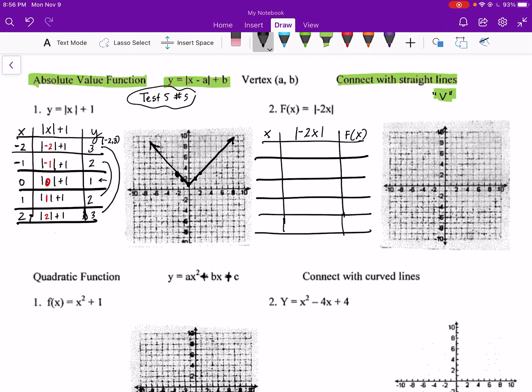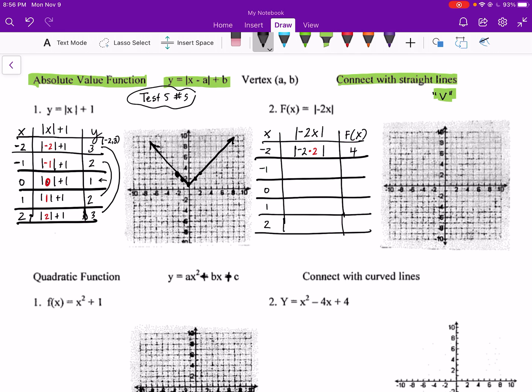Okay, so my go-tos again are -2, -1, 0, 1, and 2, trying to keep it simple. So I do absolute value of -2, and I'm going to plug in 2, so times 2. And -2 times 2 is -4. Take the absolute value, and that would be 4.